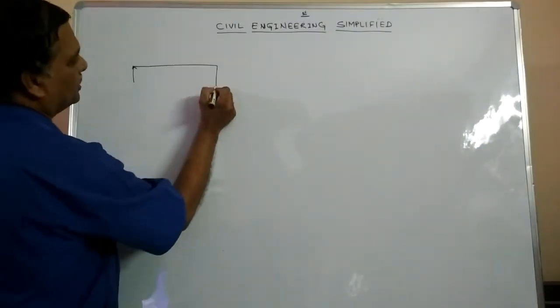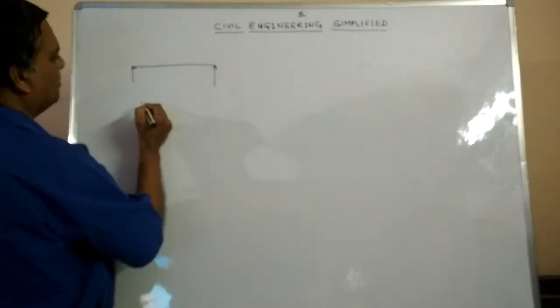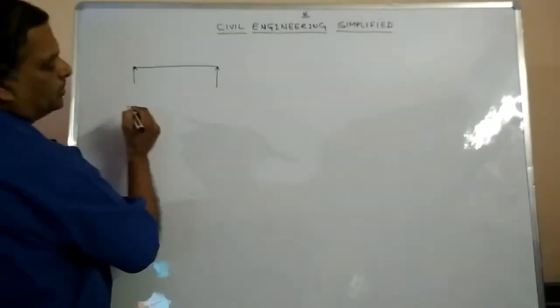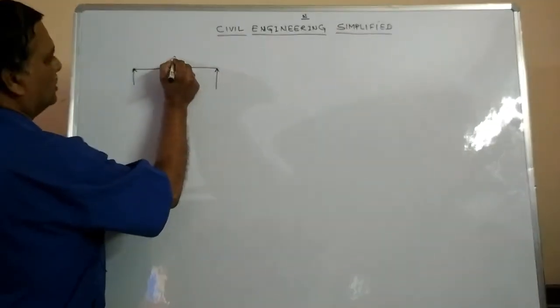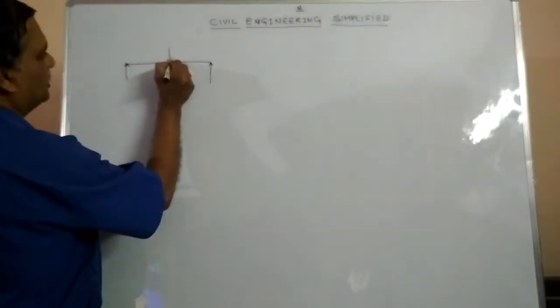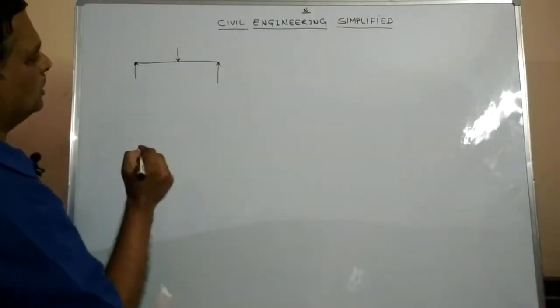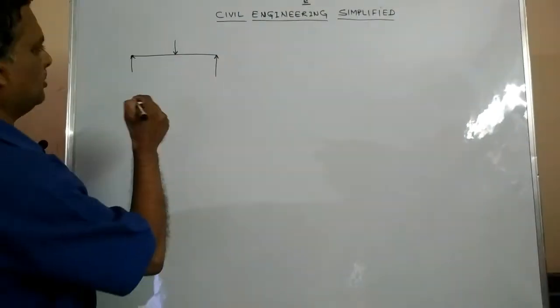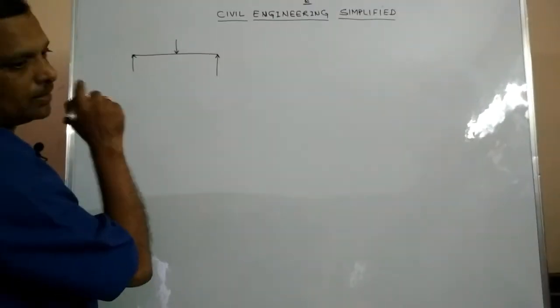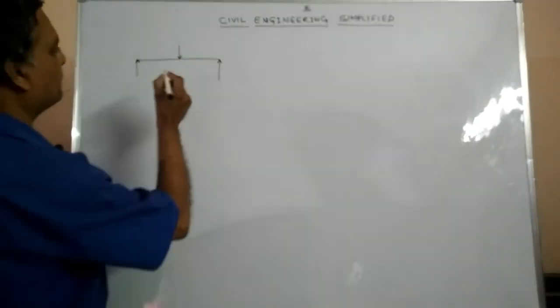So I am considering a beam which is simply supported at both ends. This time, as the first case, we will see if a constant load is acting at the midspan of the beam, how do we calculate the reactions, the shear force and the bending moment?